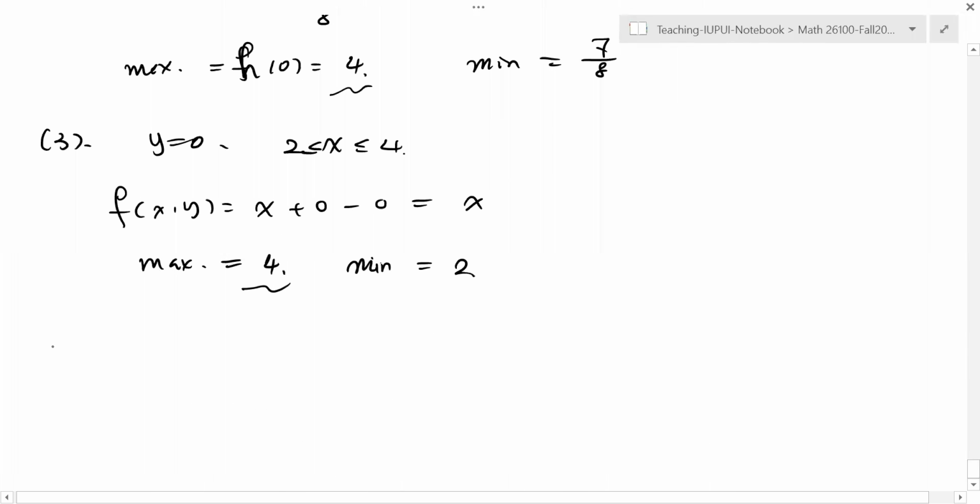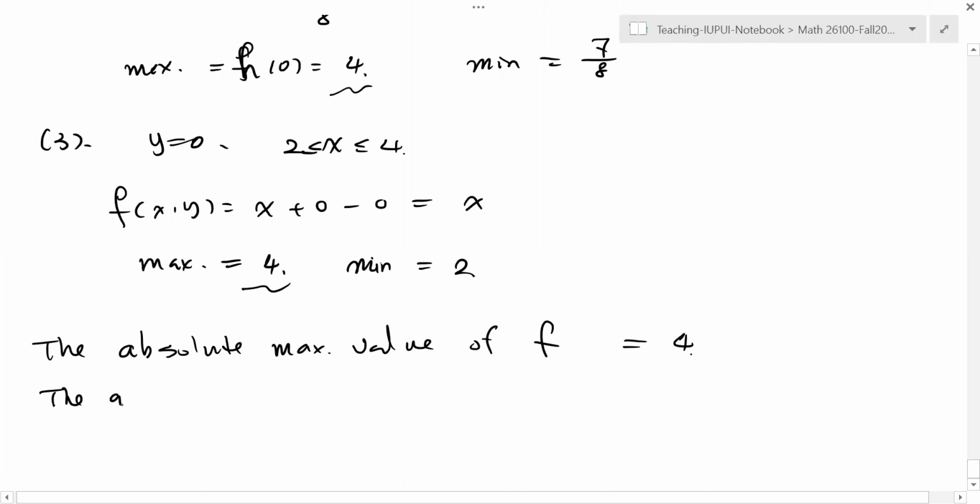So you conclude that the absolute maximum value of the function f is going to be 4. The absolute minimum value of the function is going to be 7 over 8, that's the smallest value.